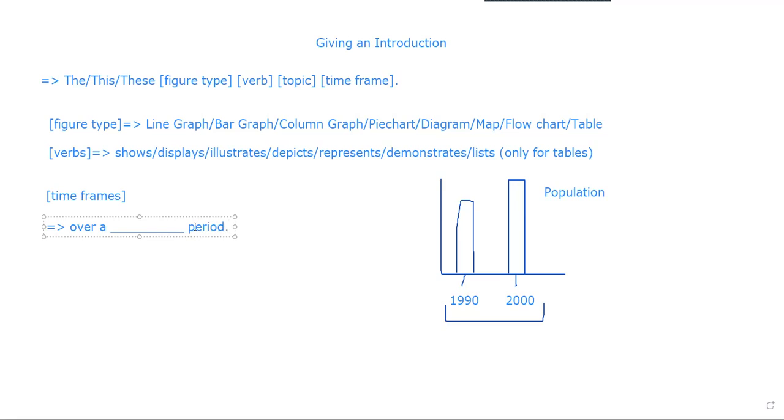In this blank, you are going to put that entire duration of time. What is the duration of time that has passed? 10 years. So put that in this blank here. Okay, 10 years. Over a 10-year period.